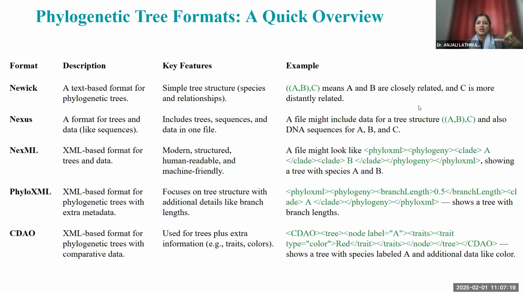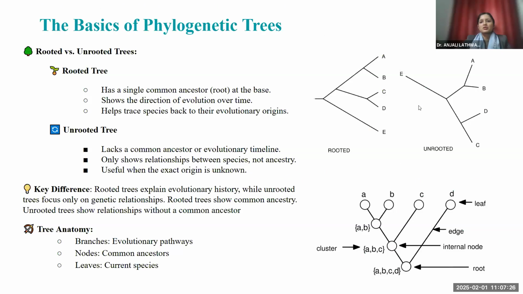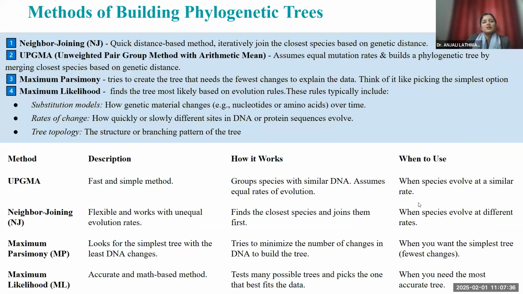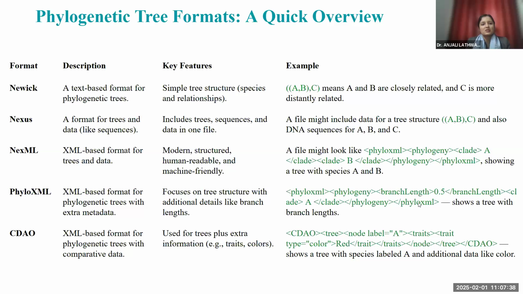Branch length specifies how closely or distantly related they are, how much time it took for them to dissociate. Here, if you see this branch length, how distant there was some separation. Again, all of these are XML based formats: NXML, PhyloXML, CDAO.